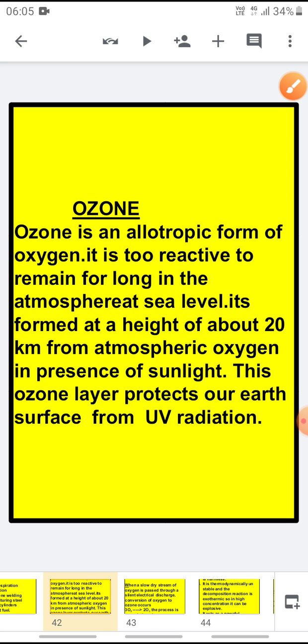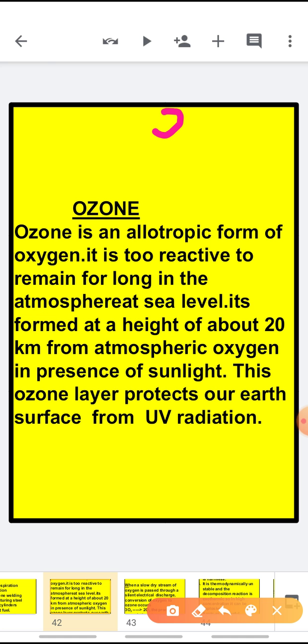Now children, you should be knowing the structure of ozone molecule also. Now in ozone molecule, 3 atoms of oxygen are there, 1, 2 and 3. Now you all know 6 electrons are there with oxygen, 1, 2, 3, 4, 5 and 6. Similarly 1, 2, 3, 4, 5 and 6.